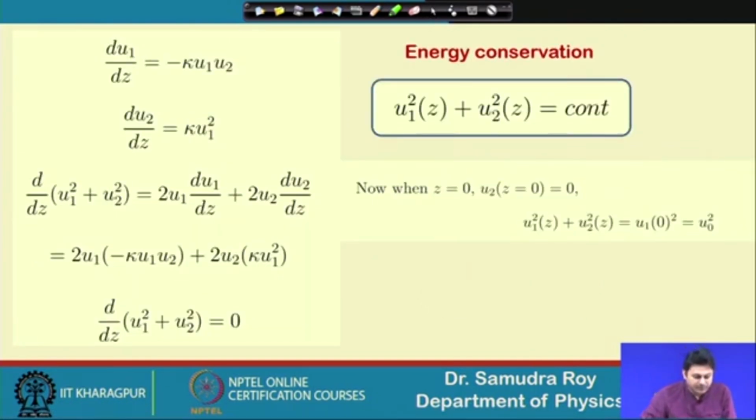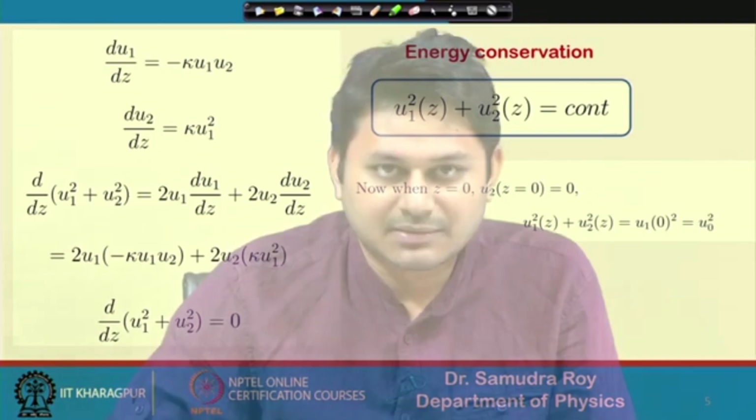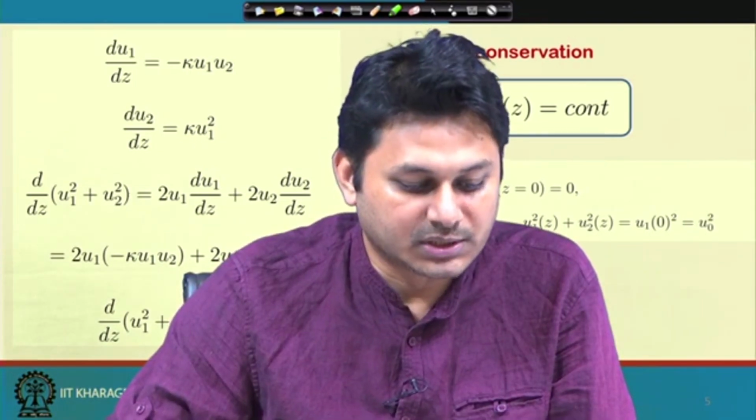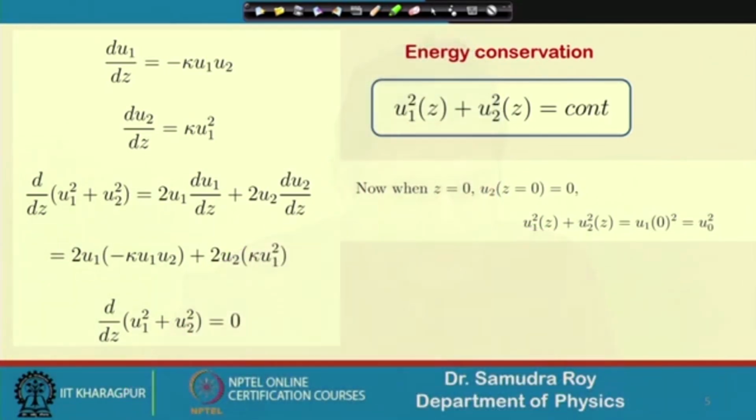Yeah. So, first let us find out how energy conservation applies here. du1 dz is equal to minus kappa u1 u2 and du2 dz is equal to kappa u1 square. These two equations are our mother equations, so we will start from them. Now the total energy is proportional to u1 square plus u2 square.